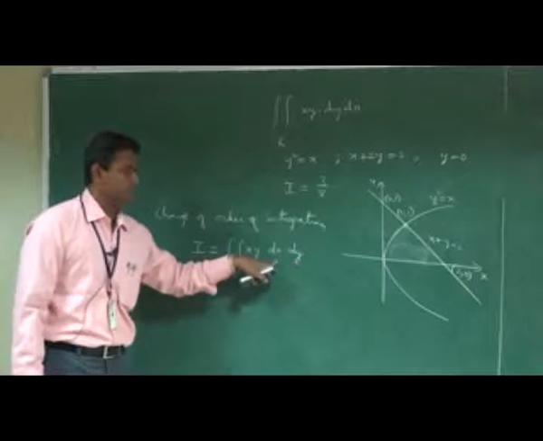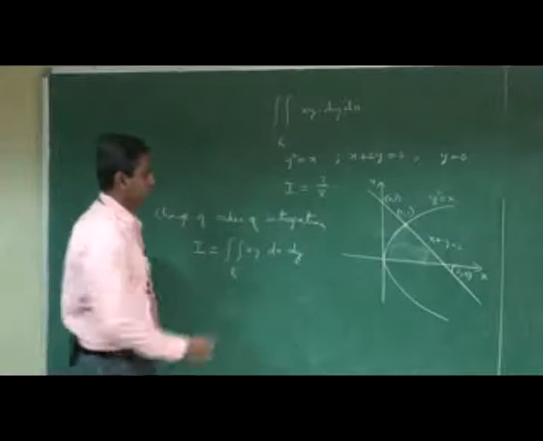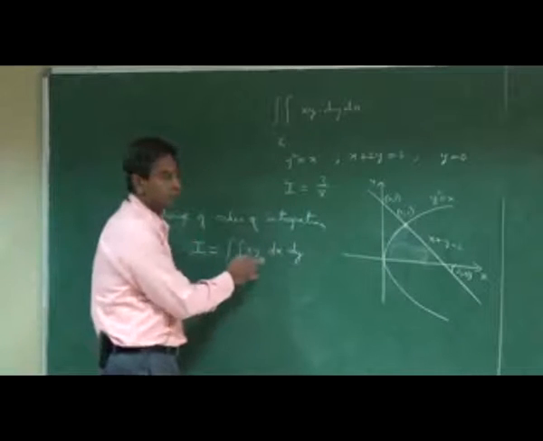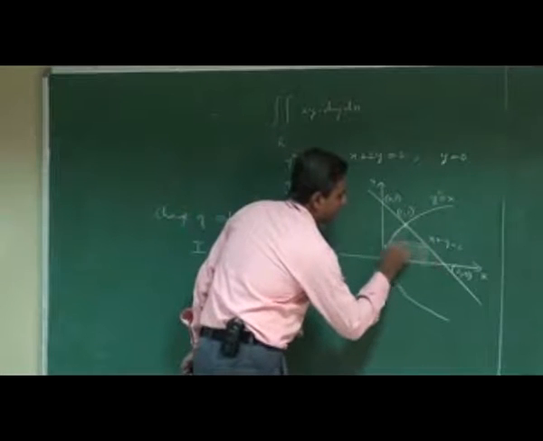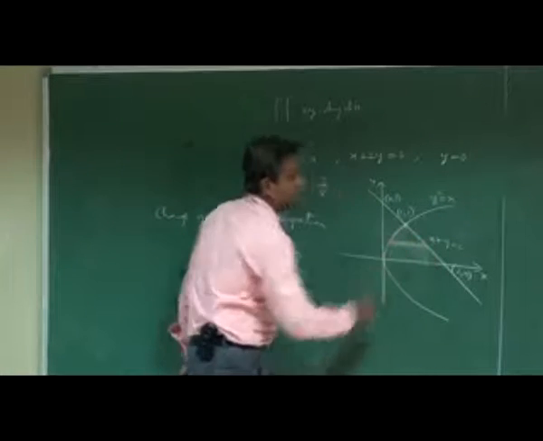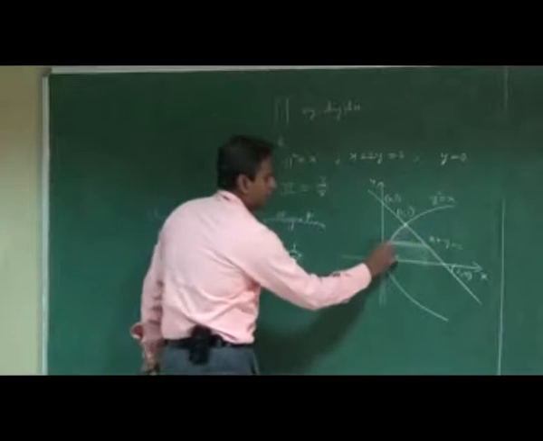What is the limit of x for the given case? Since the first integration is with respect to x, we take a small strip parallel to the x axis. What are the lower and upper limits of x?